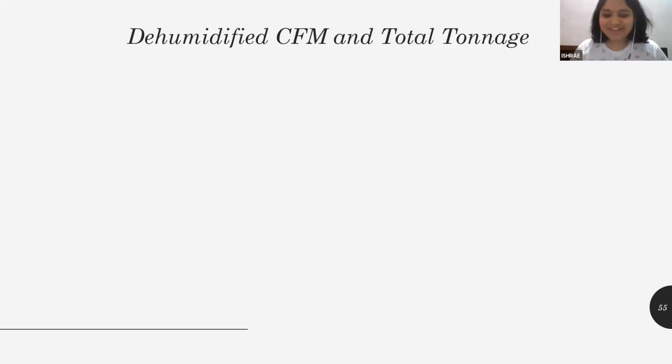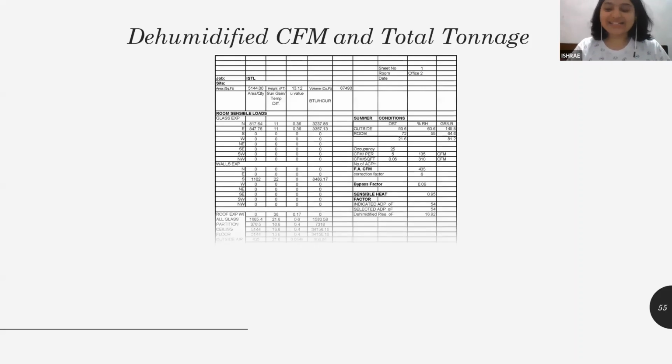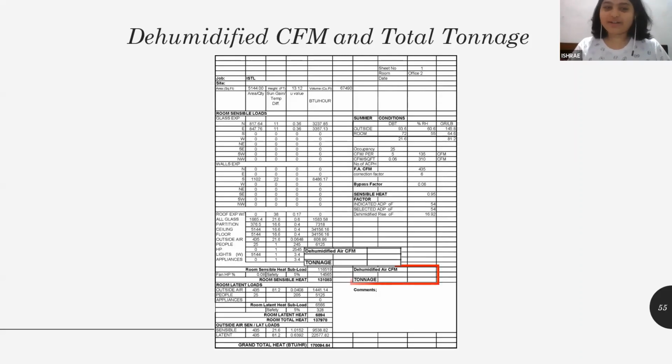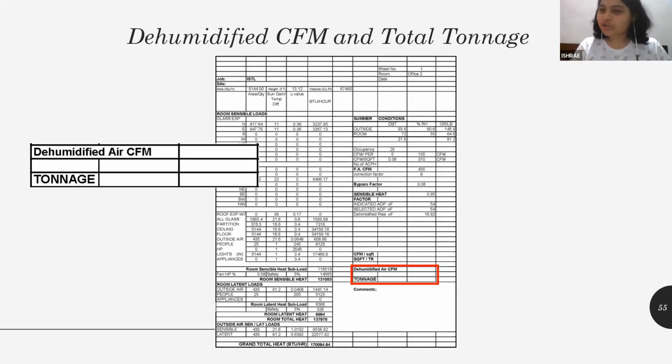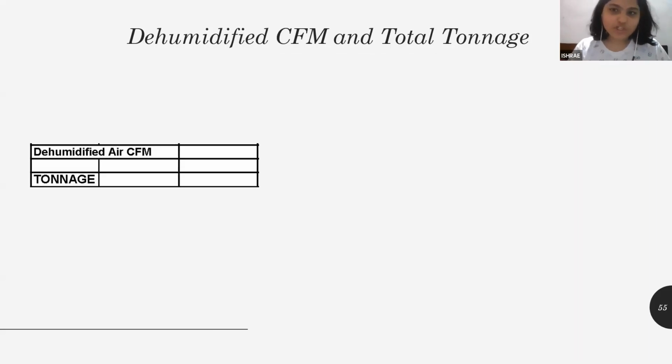So this is where the session is going to become interesting because it is coming to an end. Dehumidified CFM and tonnage are very, very important because whenever you're selecting your equipment, you cannot select it just on the basis of tonnage. You need to select it on the basis of CFM as well.